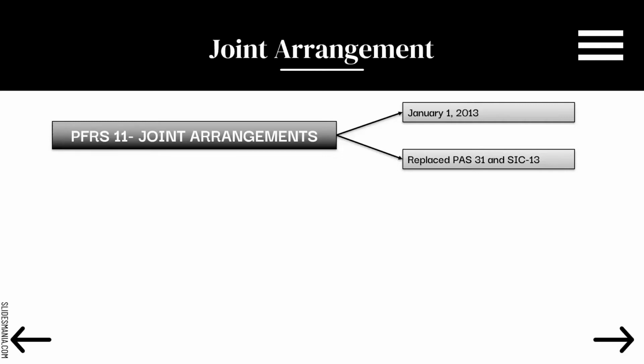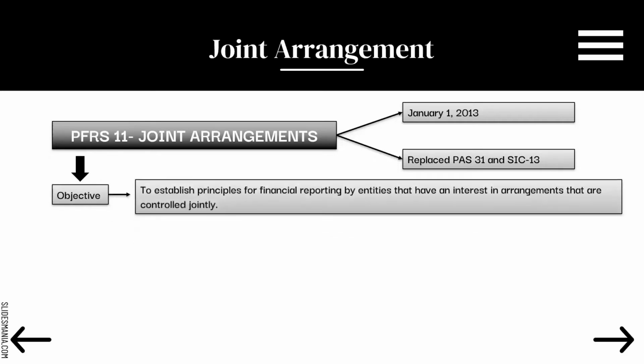So ang PFRS 11 is merong objective. The objective of PFRS 11 is to establish principles for financial reporting by entities that have an interest in arrangements that are controlled jointly, and that is joint arrangements.